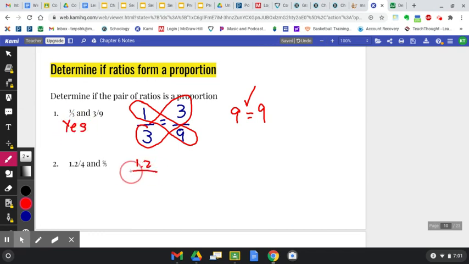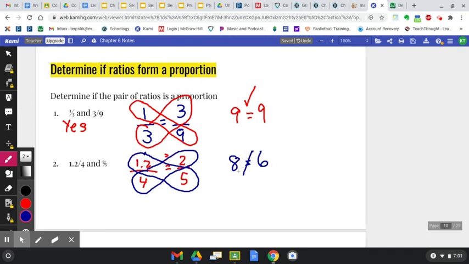However, I'm testing this: does 1.2 over 4 equal 2/5? I can multiply 4 times 2, and I get 8. And 1.2 times 5 is only 6.